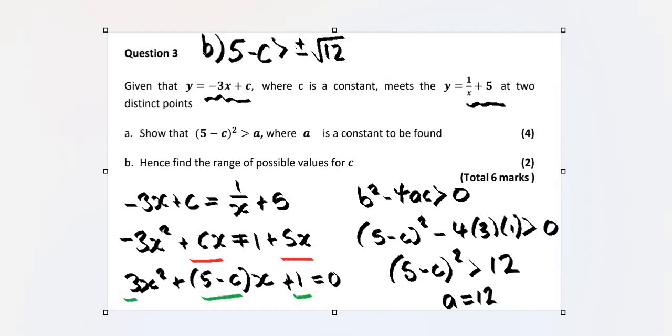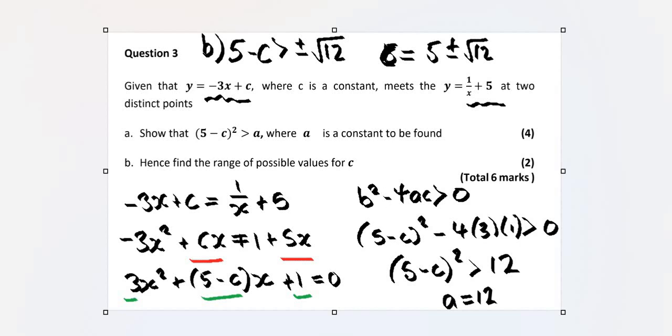Okay, and then I can basically say that c is equal to 5 plus or minus the square root of 12. Okay, so that's my cutoff point.